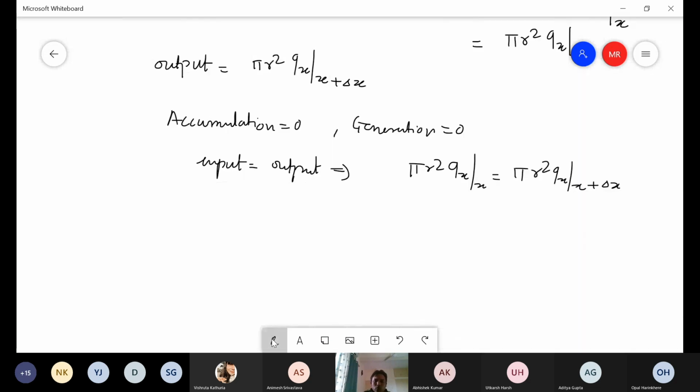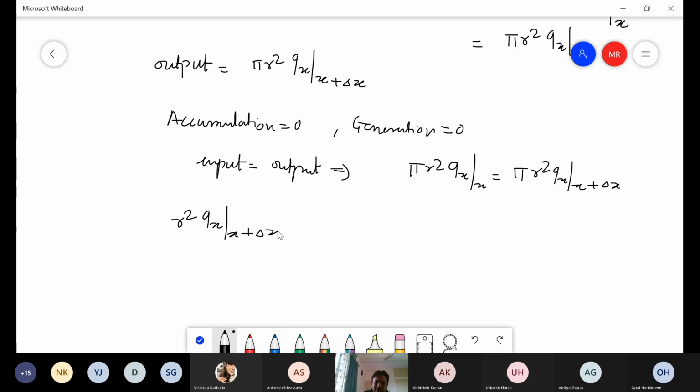So by rearranging, what we are going to get is r square Qx at X plus delta X minus r square Qx at X, and again I can divide this by delta X, and this should be equal to 0.